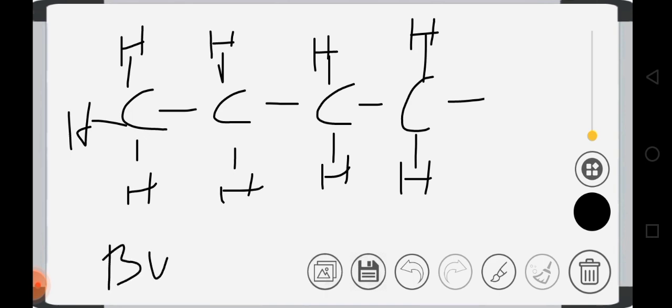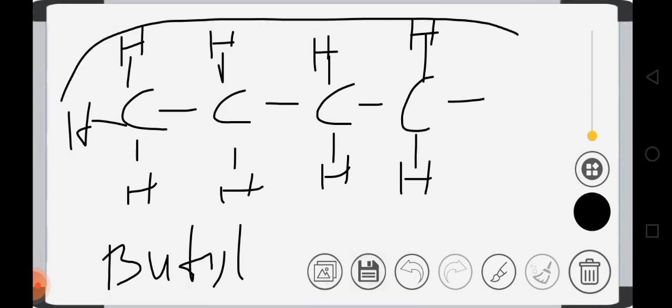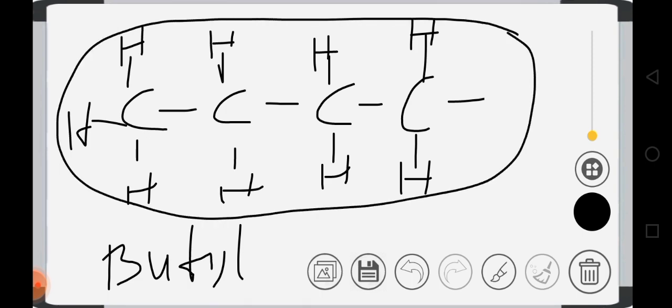The name will change to butyl. We move from alkanes to alkyls. I've already explained that when we were doing the classification of organic compounds. So this one is now called N-butyl. Also take note of that. It's very, very important. When alkanes lose 1 hydrogen, they become alkyls.